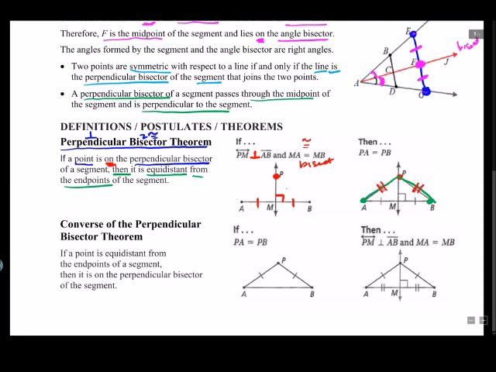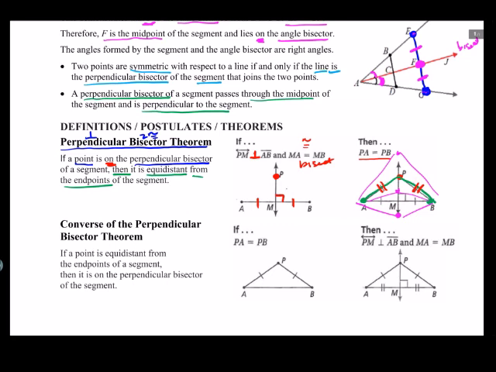If these two segments are congruent, then we can say their lengths are equal. If you are on a perpendicular bisector, then you are equidistant from the endpoints of the segment. Now it doesn't matter where this point is. If we put a point down here, it would be equidistant. If we put a point up here, it would be equidistant. If we put a point down here, it would be equidistant.